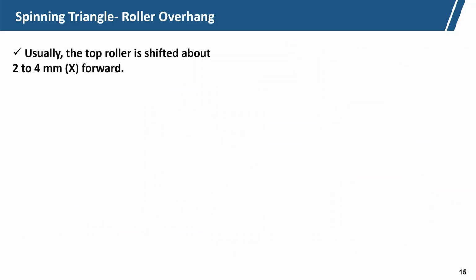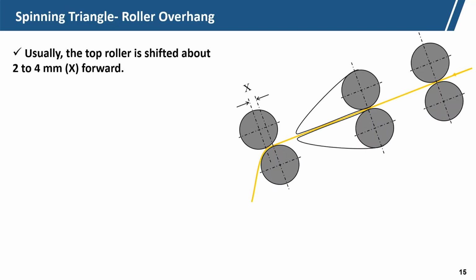Usually now the spinning roller overhanging. So, usually the top roller is shifted about 2 to 4 millimeter. So, here we can see the top roller is not exactly above the bottom roller, it is shifted in the front side by a small amount, 2 to 4 millimeter.